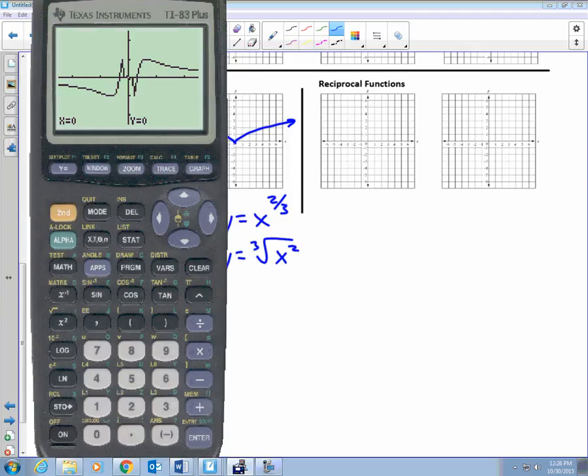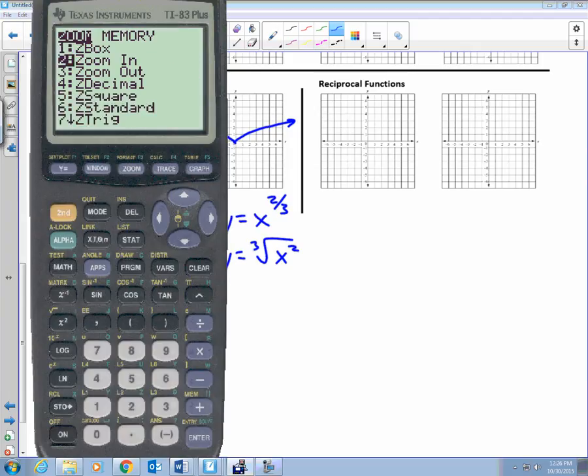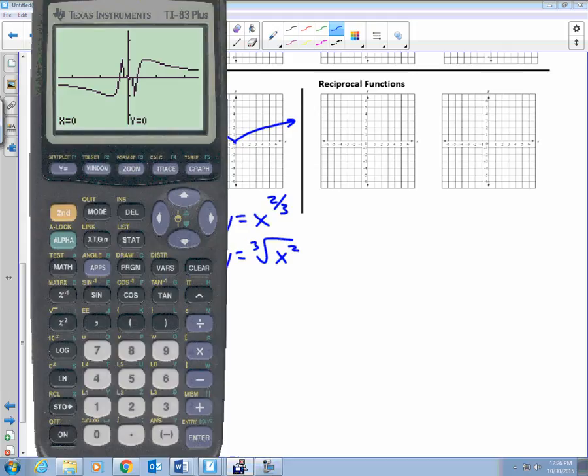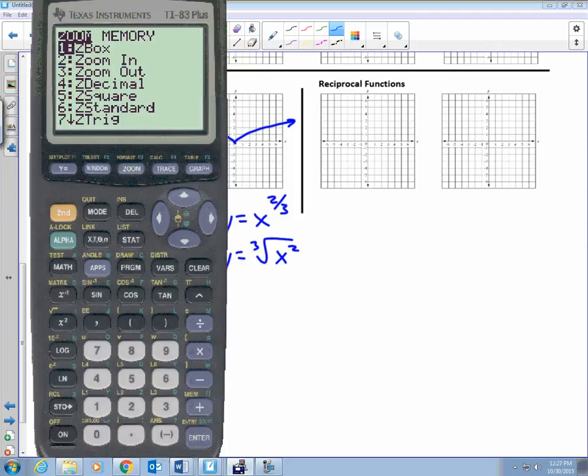You still don't like it. You see that the function has what we call hidden behavior. You don't see it right away until you get really close, right?